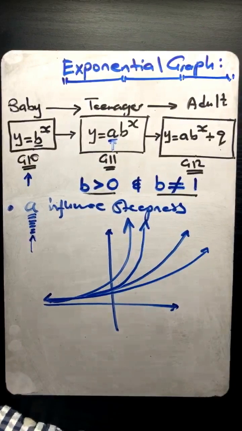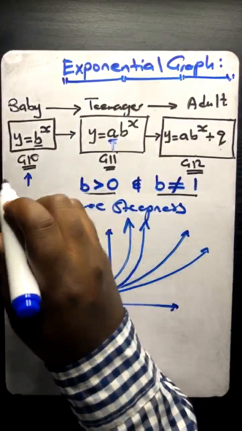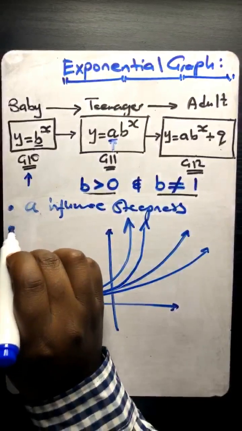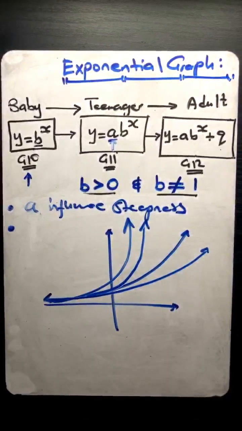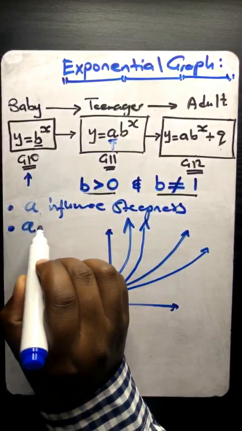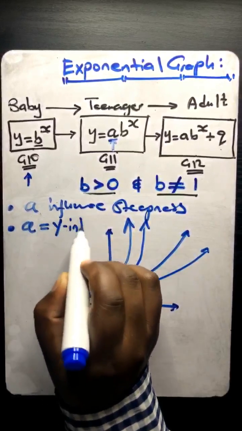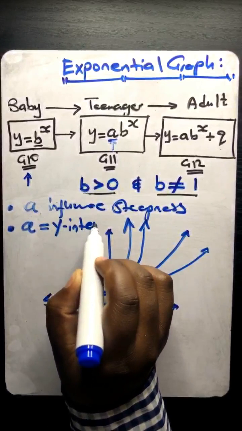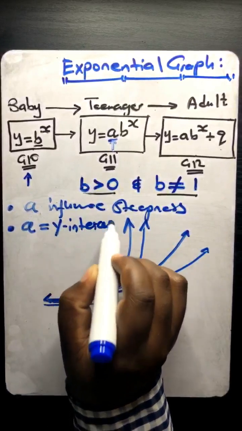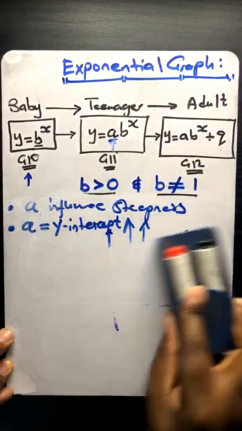Okay. And also, something that you need to be aware of: the A value is actually the y-intercept. It might not make sense to someone. Someone might be wondering, how is A the y-intercept?